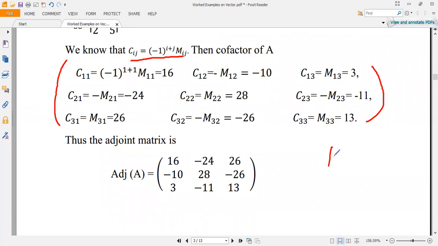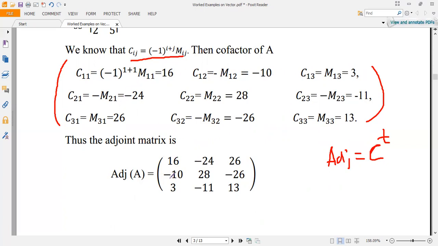Then the adjoint of the matrix is the transpose of the cofactor matrix. The transpose of any matrix is writing the rows into columns and columns into rows. So we can write C11, C12, C13 in a column: 16, minus 10, 3.